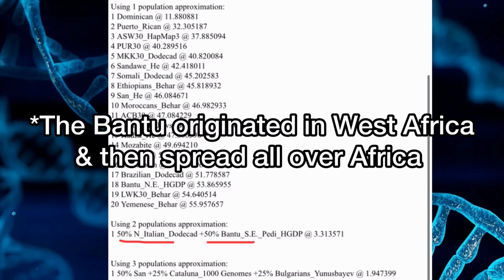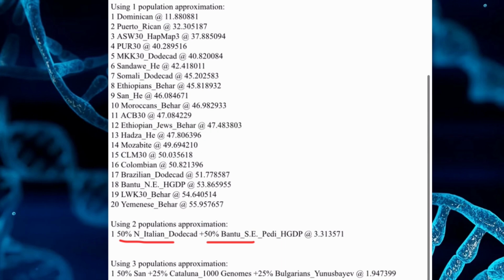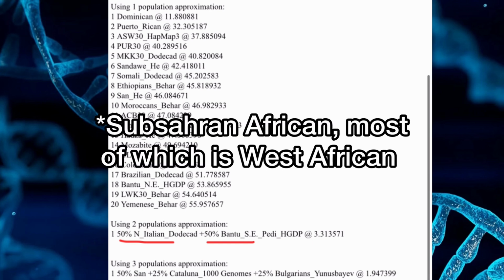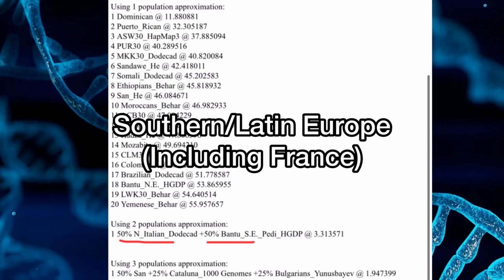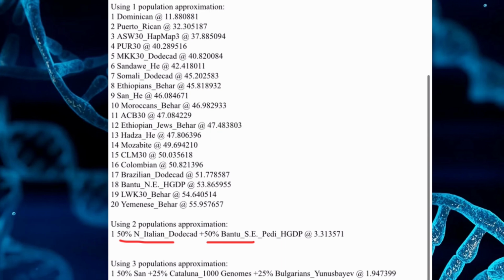And that is actually super accurate. I'm not Italian, but Italian being Southern European, and Bantu being West African. I am roughly 50-ish% West African, and I do have a lot of Southern European ancestry, so that does match up really well.